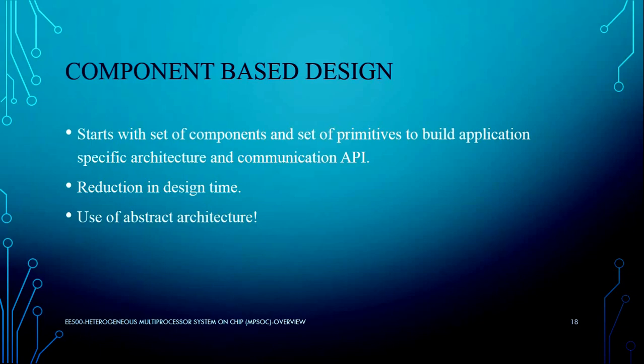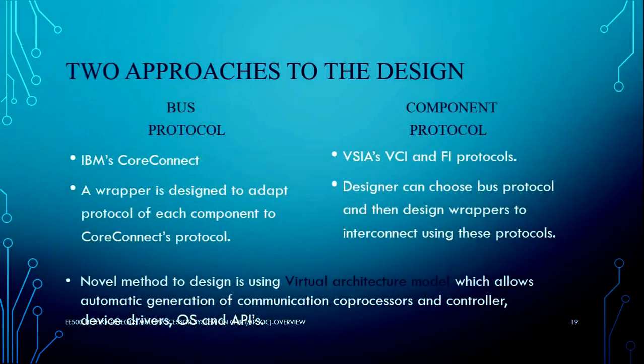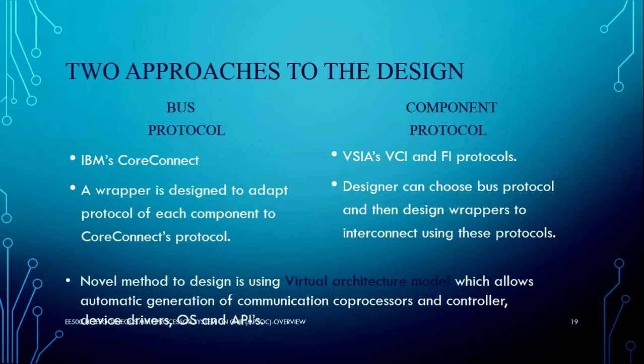But what are the two protocols used to follow the component-based design? It's a bus protocol and a component protocol. Bus protocol is IBM's CoreConnect. A wrapper is designed to adapt the protocol of each component to CoreConnect's protocol, while a component protocol is VSIA, VCI and OCP protocols, where a designer can choose a bus protocol and then design wrappers according to the protocol's needs.